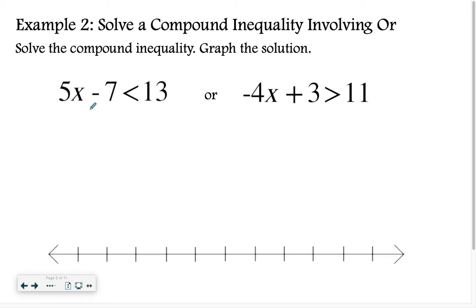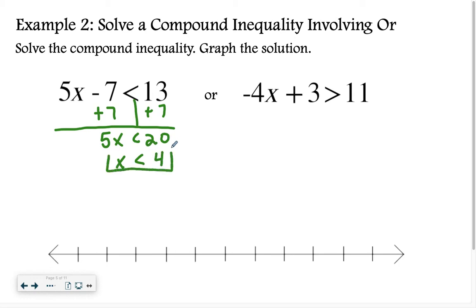Well, you solve them just the same way, like two different inequalities. I start by adding 7 to both sides, so I have 5x is less than 20. Then I divide both sides by 5, leaving x is less than 4 as one answer.